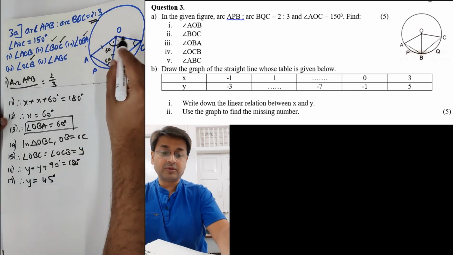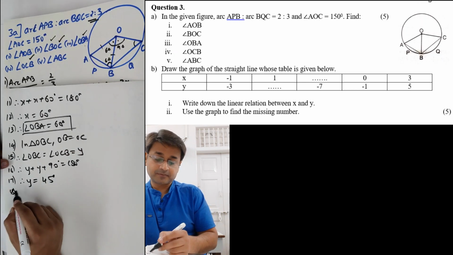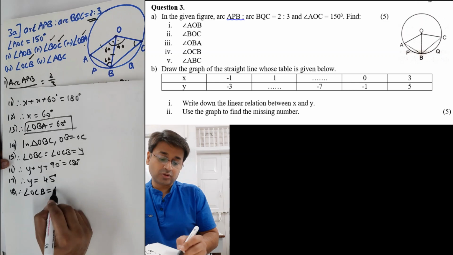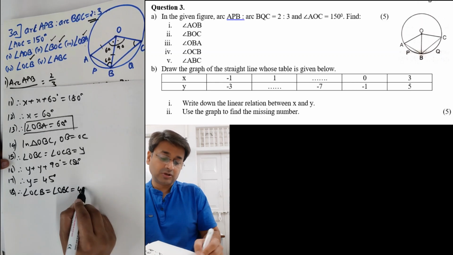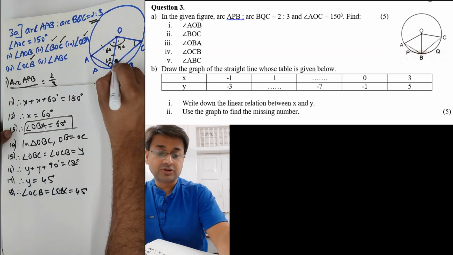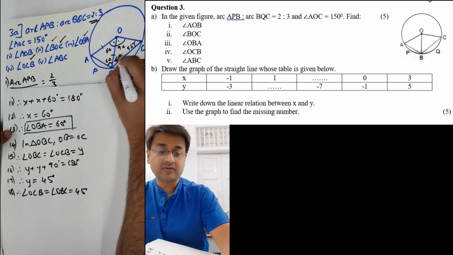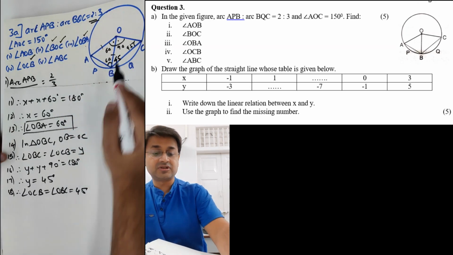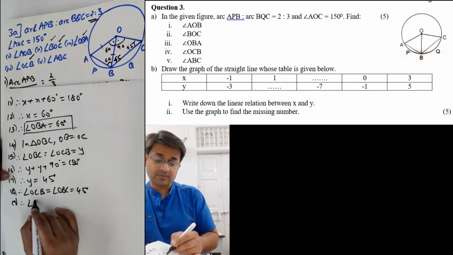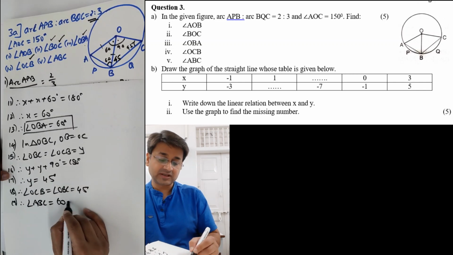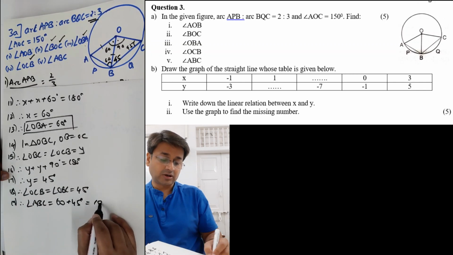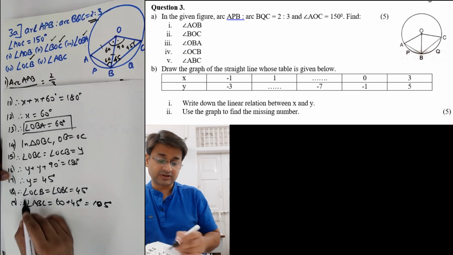Okay, and therefore we can say that OCB equals OBC equals 45. So we got both these base angles as 45, and finally ABC, so you just have to add these two. So last step, therefore ABC will be 60 plus 45, a total of 105 degrees.